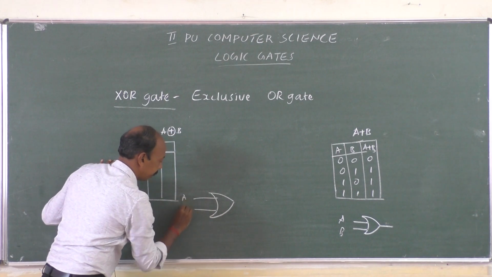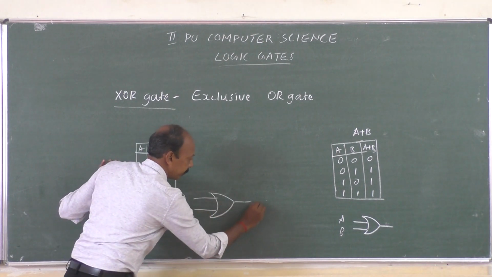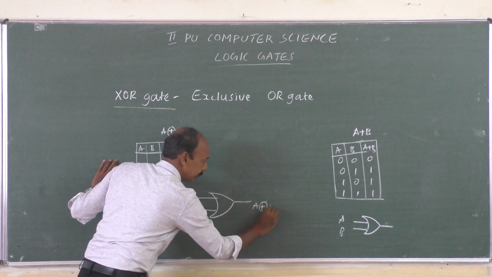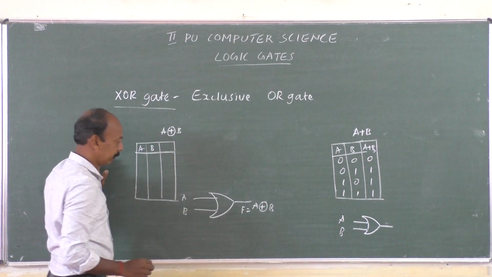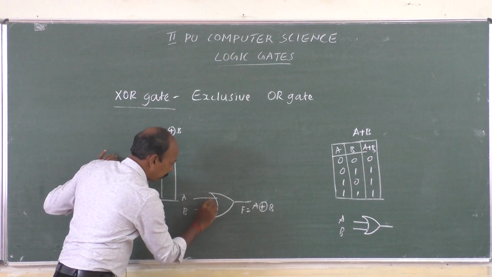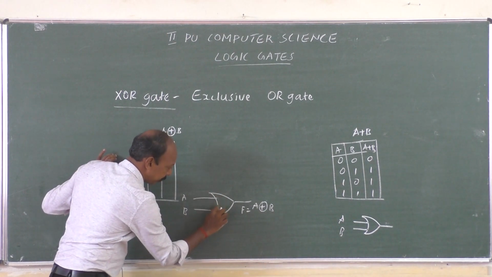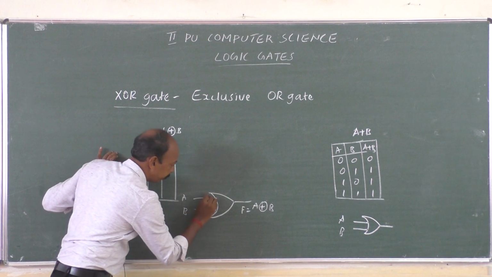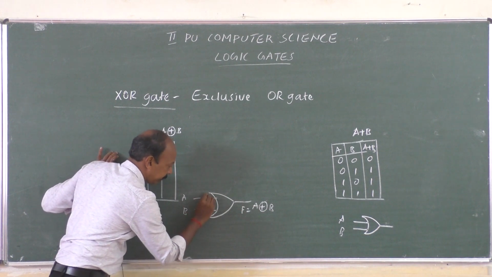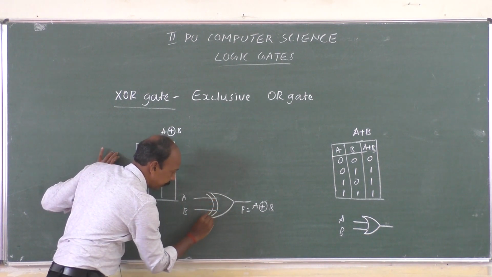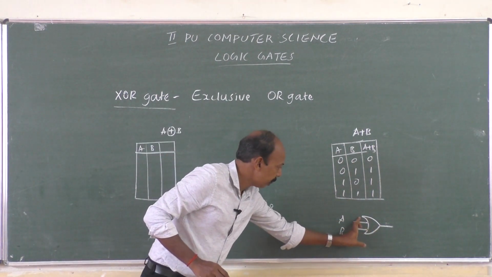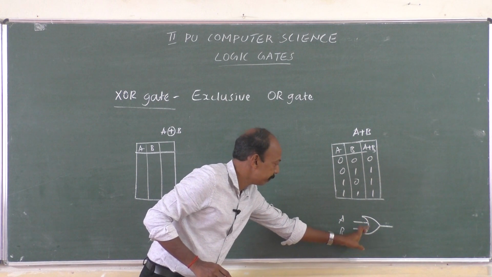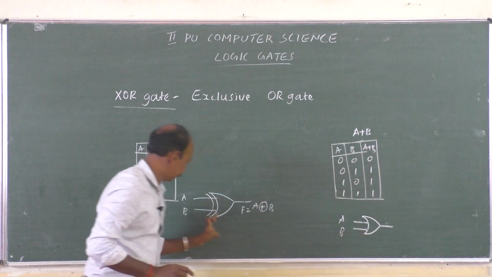This is A, this is B, this is A plus inside the circle B. F is equal to A plus B inside the circle. We have to draw a parallel line to this particular curve. That's all the difference in representing the XOR gate. Just a parallel line. This is OR. If you draw a parallel line to this curved line, it becomes XOR.